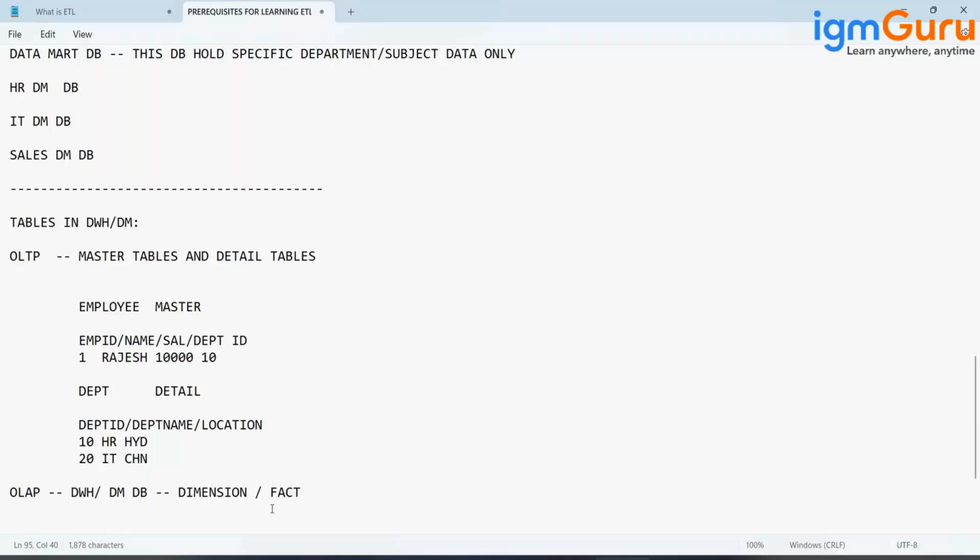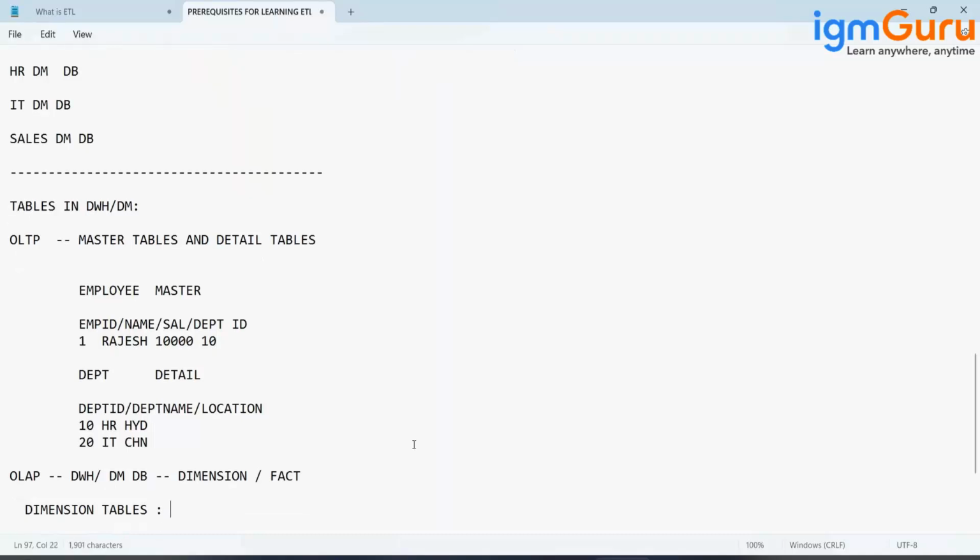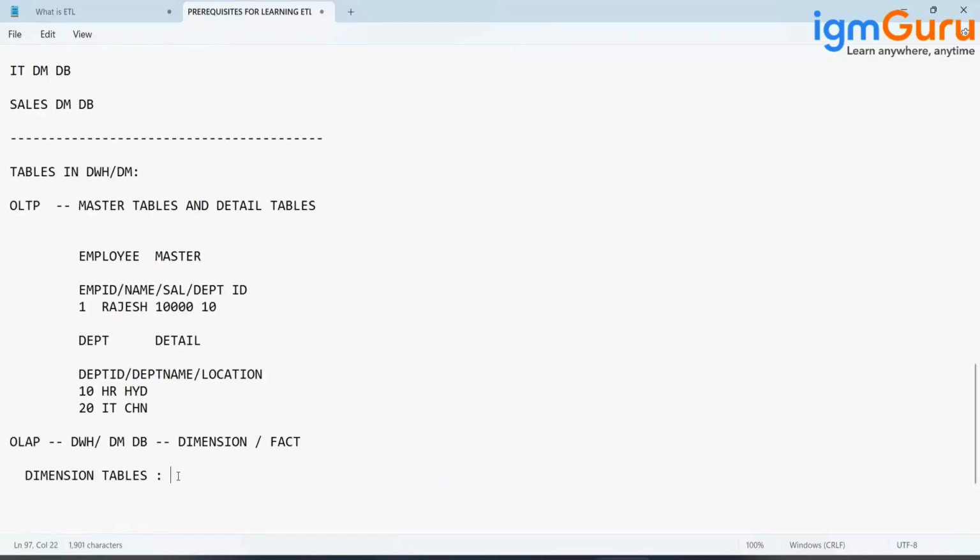So what is a dimension, according to your thoughts? Detailed information. What kind of data does my dimension table hold in the warehouse? Detailed information of any item or an object, anything.